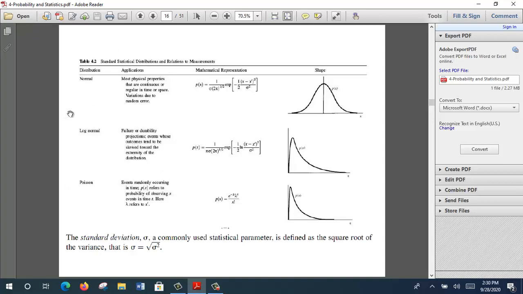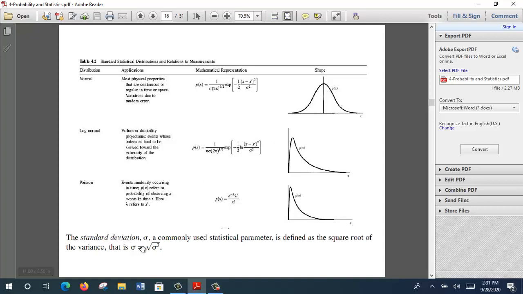For example, the normal distribution we use mostly to represent physical properties. They are continuous or regular in time or space, and vary due to random error. So you can see from here the probabilistic calculation is calculated from here. They have the exponent function here. Similar with the log normal and Poisson, which represent different shapes of the distribution.